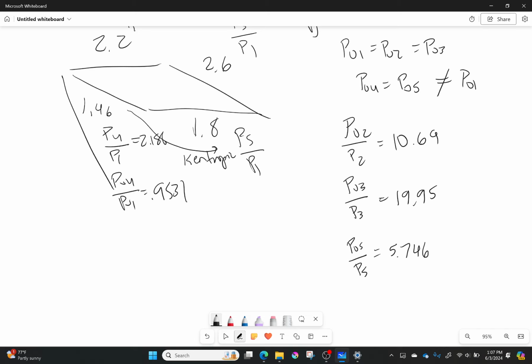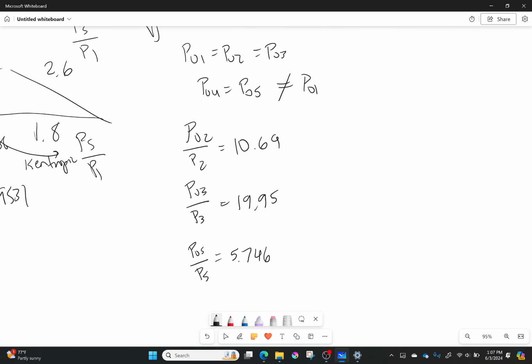So now let's get our ratios. I want P2 over P1, P3 over P1, P4 over P1, which I already have, and P5 over P1. I need everything over my initial pressure. How do I get it? Well, it's not too hard. Let's do P2 over P1 first. I've done this in several problems, so you're probably fairly familiar with where I'm getting this from.